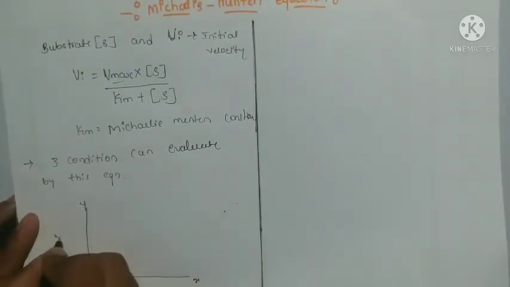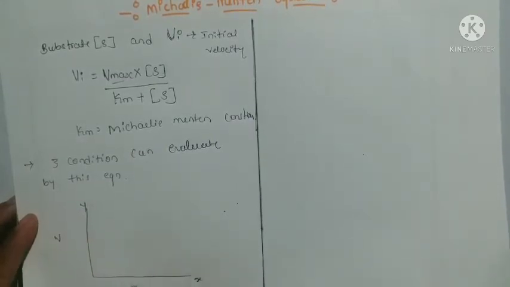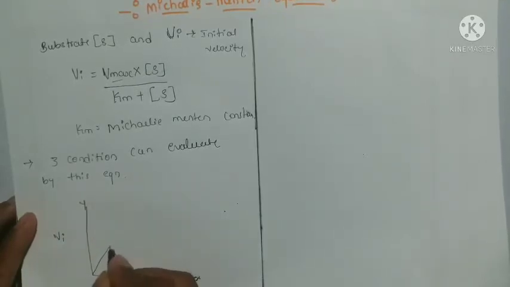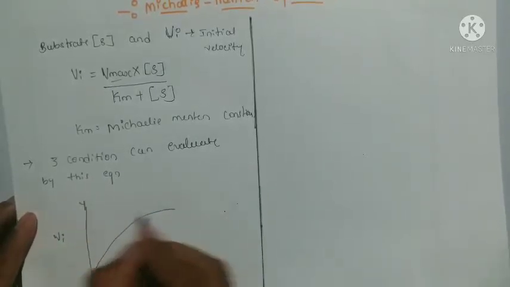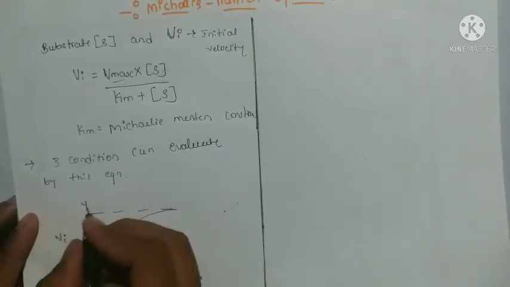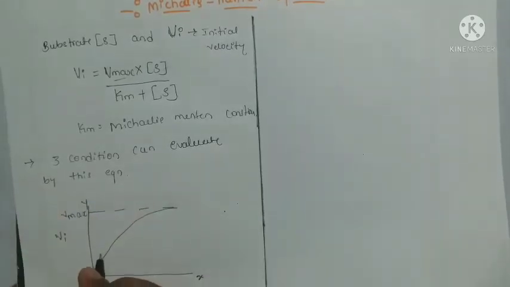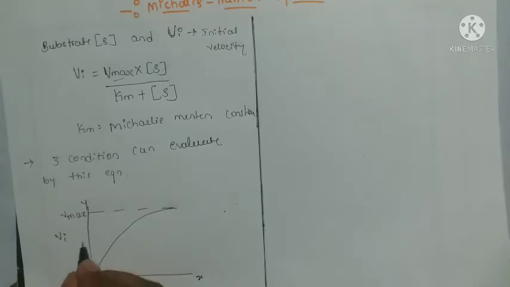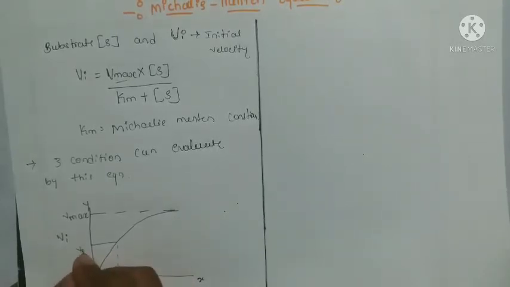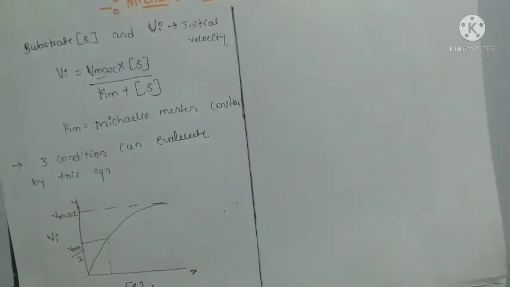Here this is velocity, here it is substrate concentration, this is the initial velocity, and this is V maximum, and this is half of the V maximum, that is V maximum by 2.